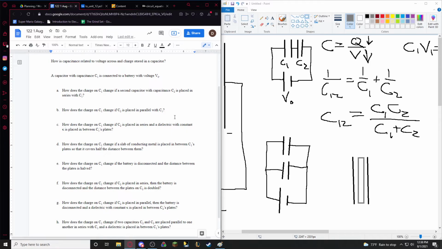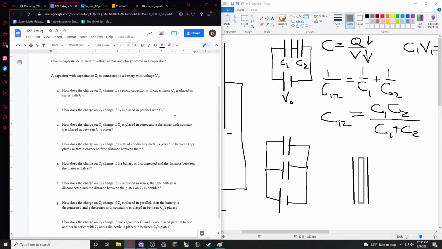Okay, the charge. Let's see. The voltage should definitely decrease. The capacitance should stay the same, I believe. Wait, no. Since the distance is decreasing, the capacitance has to increase. So the charge has to increase.